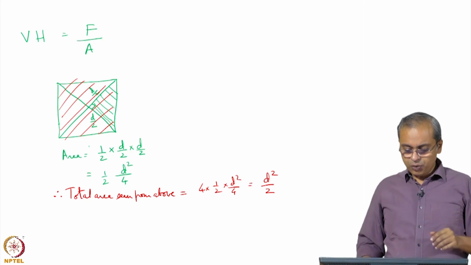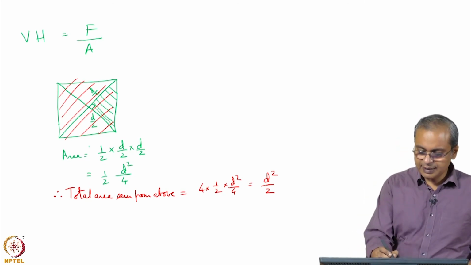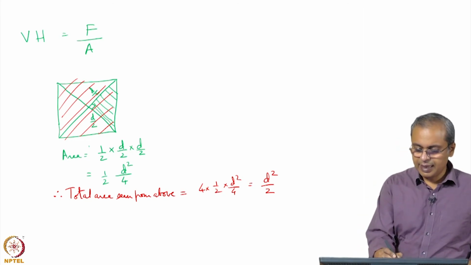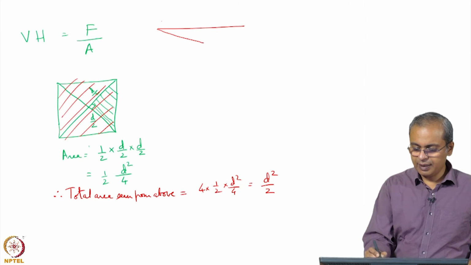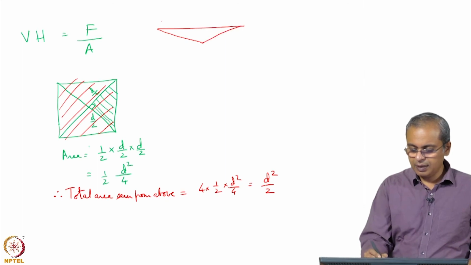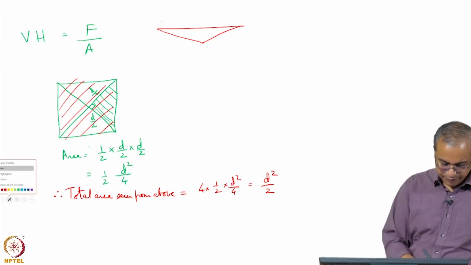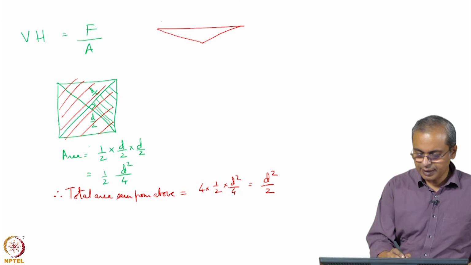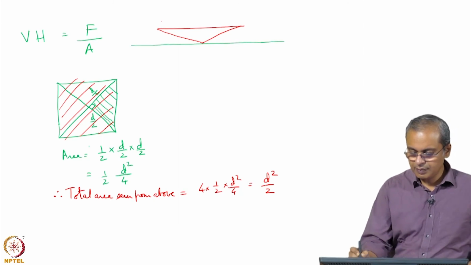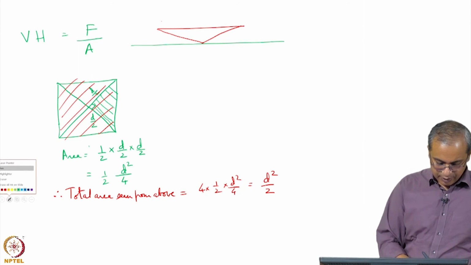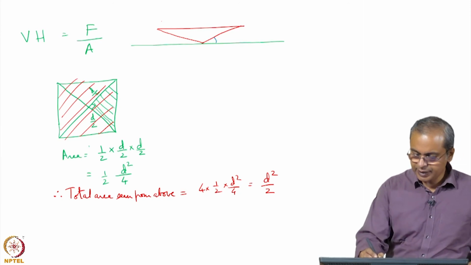Now, we also know that the indentation has happened at an angle, and that angle is 22 degrees. So if you see the indenter, and let us say this is the surface of your sample, then this angle is 22 degrees.